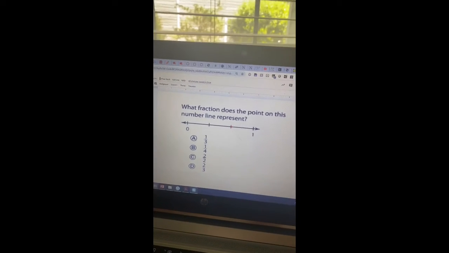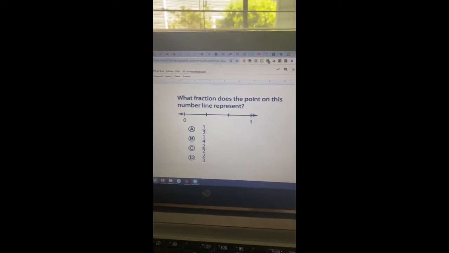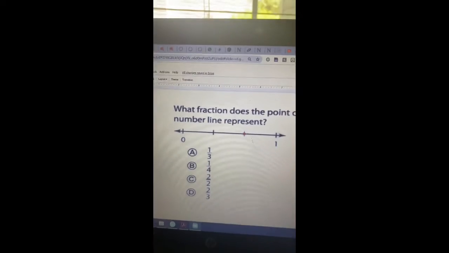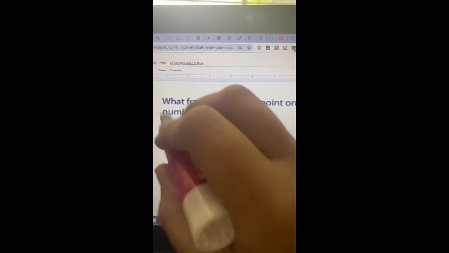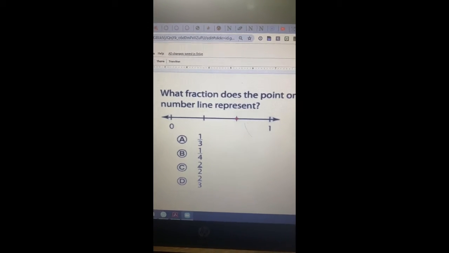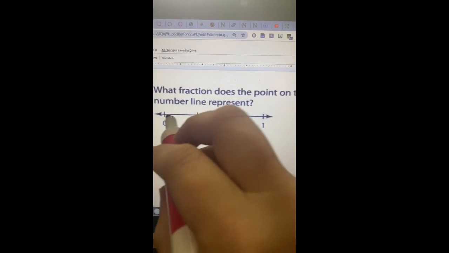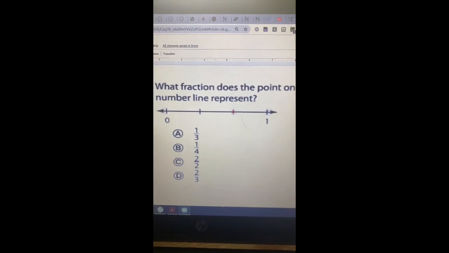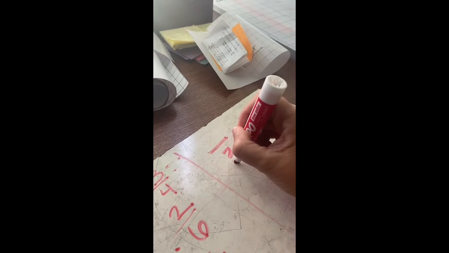All right. Number 2, it says, what fraction does the point on this number line represent? So looking at this number line, I find my whole, so between 0 and 1, and I count my spaces. 1, 2, 3 spaces. All right, so this number line is broken up into thirds.